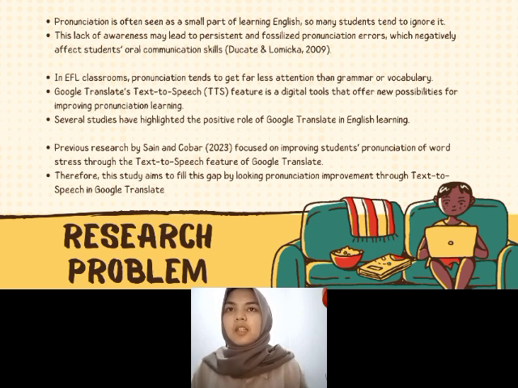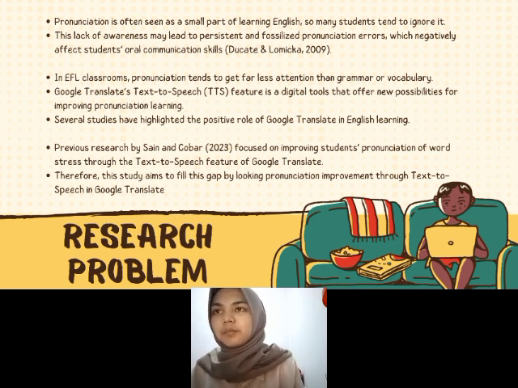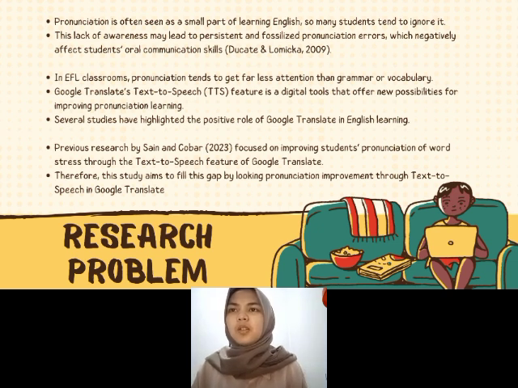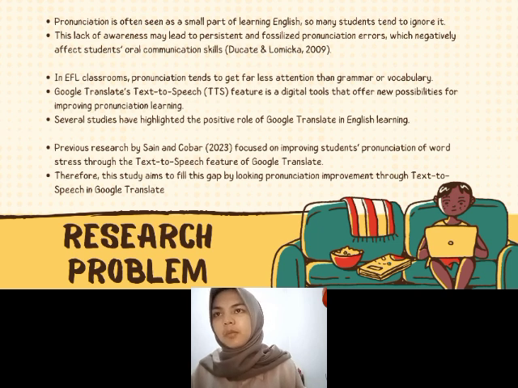But pronunciation is often considered a small or less important part of learning English. So many students tend to ignore it. Many students think that as long as people understand them, pronouncing a word incorrectly is not a big problem as long as they know the meaning.